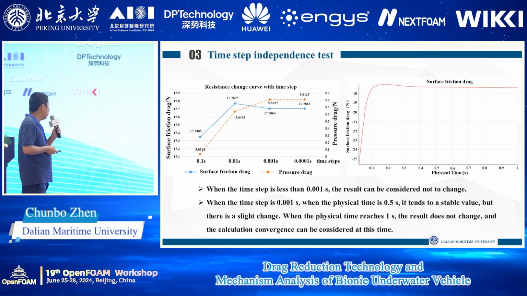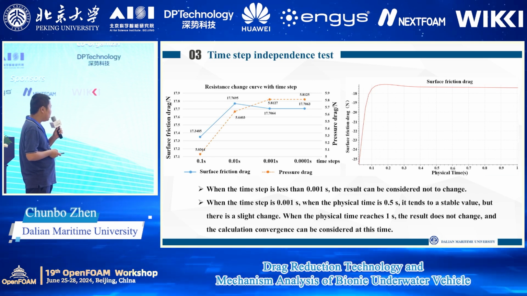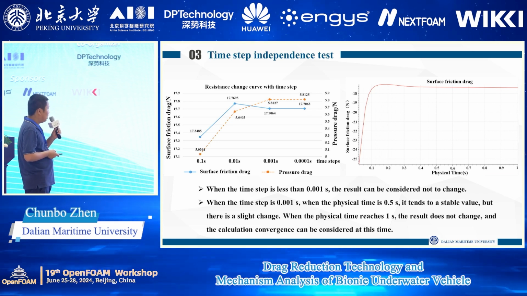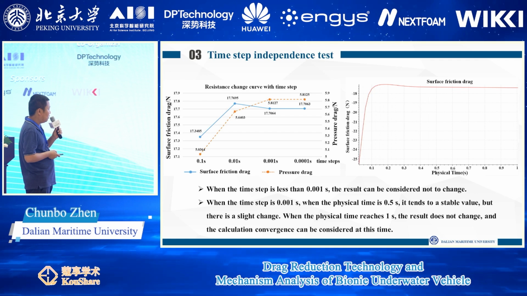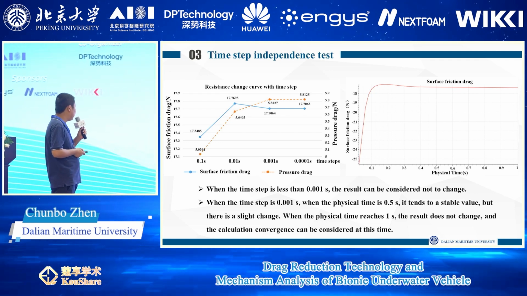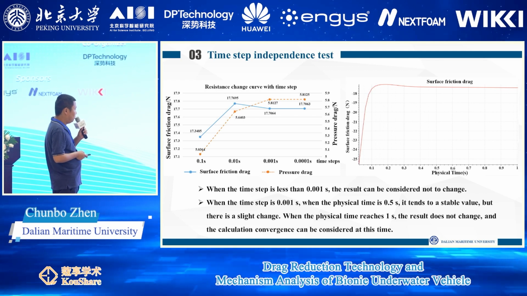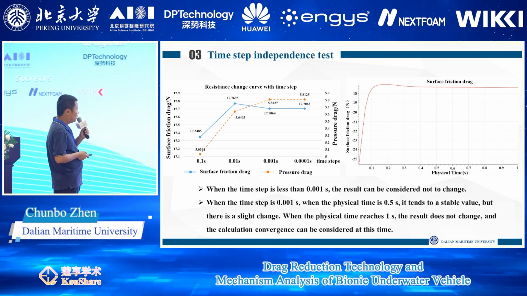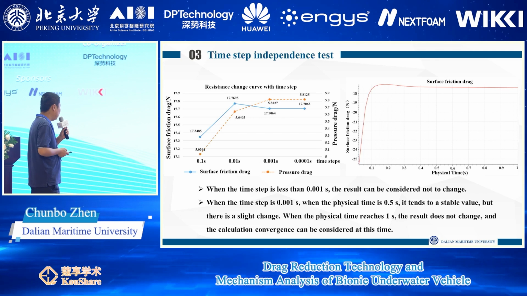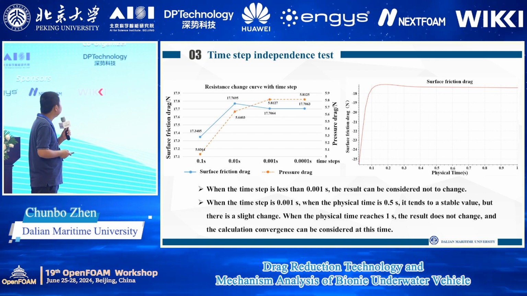When the time step is 0.001 seconds and the physical time is 0.5 seconds, it tends to a stable value, but there is a slight change. When the physical time reaches 1 second, the result does not change, and the calculation convergence can be considered at this time.